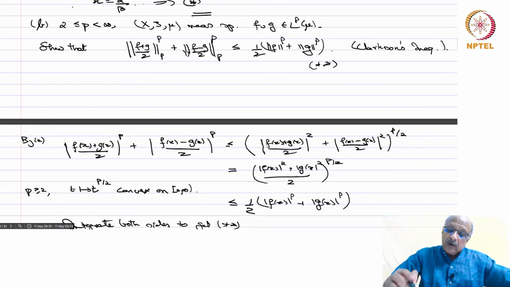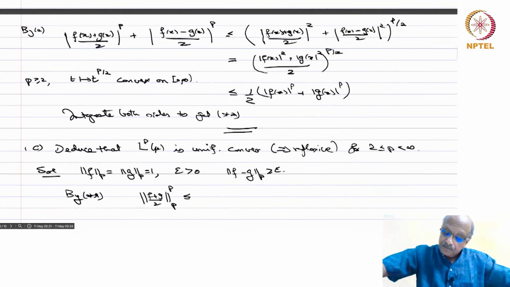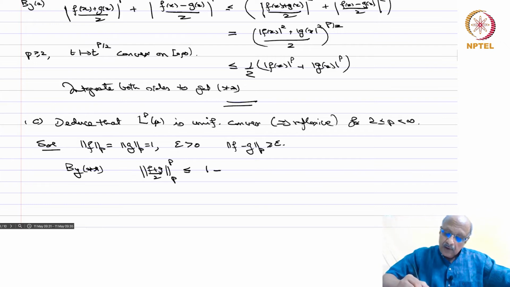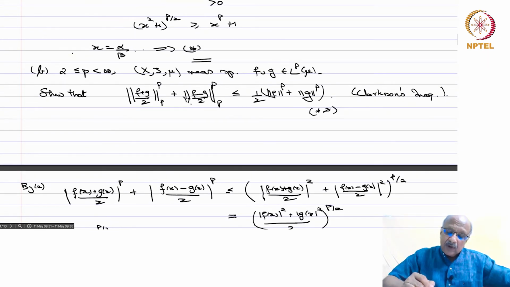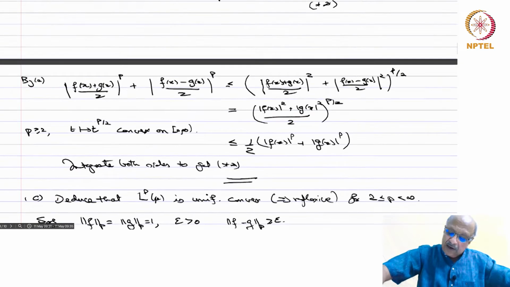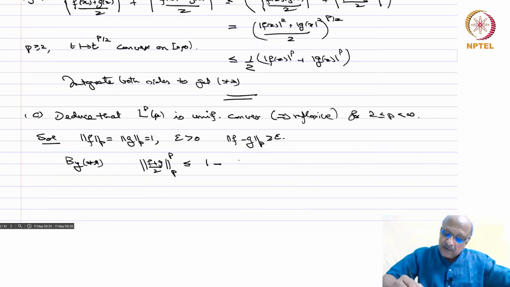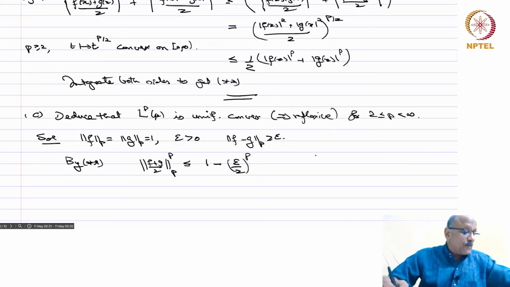Each of these is 1, so you get 1 minus, so this one is greater than (epsilon by 2) power p. Okay, norm f minus g is bigger than epsilon, so this is greater than norm f minus g_p, so you have 1 minus (epsilon by 2) whole power p.